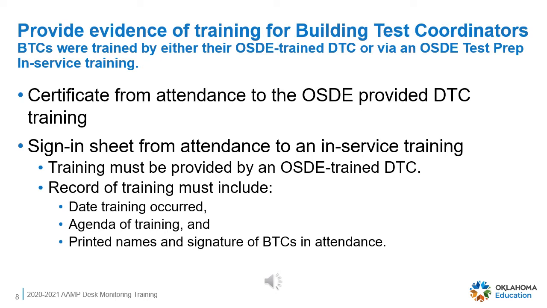If this latter option is chosen, then you must submit a training record. The record needs to include the sign-in sheet. It needs to have the date of the training, include the training's agenda, who provided the training, and lastly, printed names and signatures of the BTCs, which confirms their attendance.